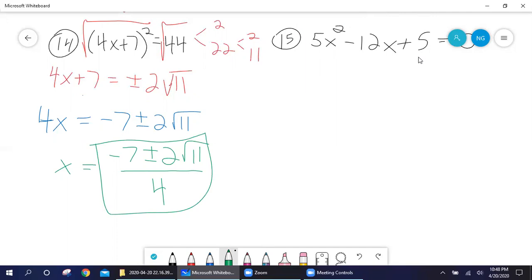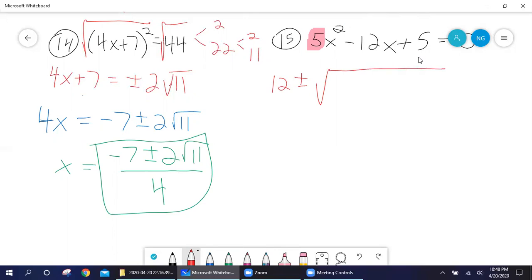Number 15 wants us to complete the square or use the quadratic formula. I would suggest, since the leading coefficient is not a 1, I would suggest quadratic formula. Remember, that is negative b, so that's going to be 12 plus or minus the square root of b squared.